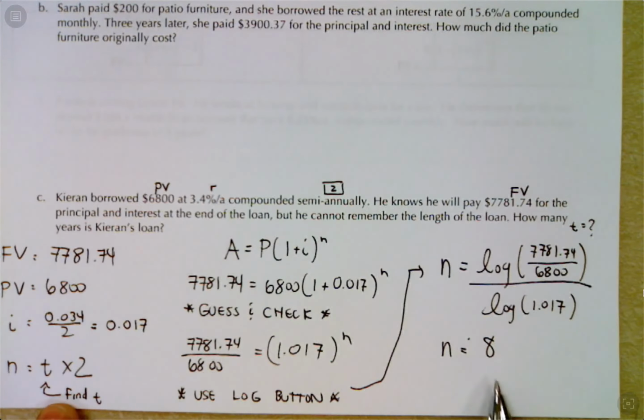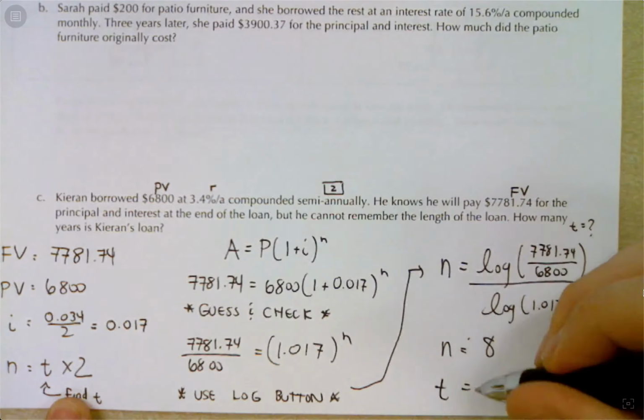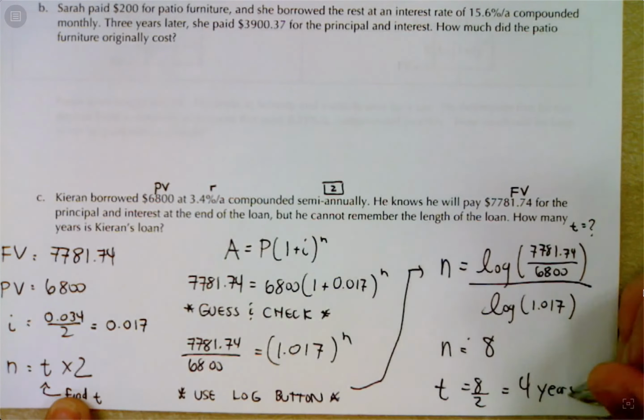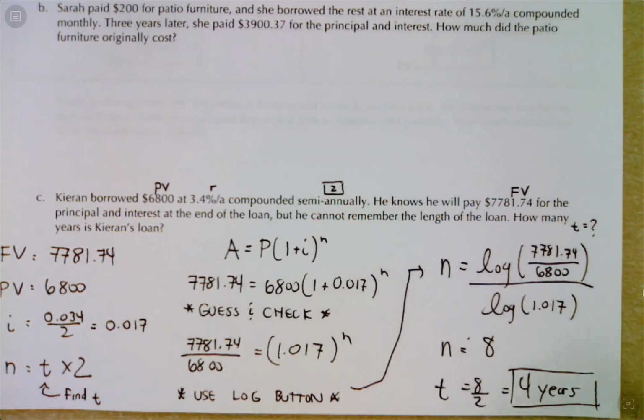But remember, we want the number of years. The number of years was multiplied by 2. So if we want t, we got to divide 8 by 2. And we get 4 years is the final answer. And I know I should be writing therefore statements, but I do not have the room, so I'm not going to. We would say, therefore, Kieran invested for 4 years.